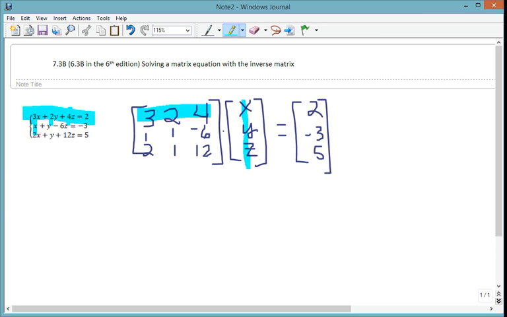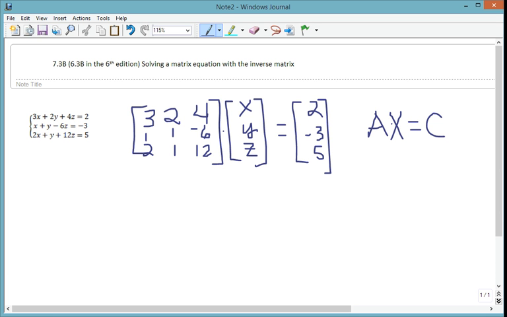Okay, so what I have here is really equivalent to my system of equations. Now think about this. I could even write this, if the first one is A, and the second one we call capital X because it's the matrix for variables, equals C. That's exactly what I have if these are all matrices.